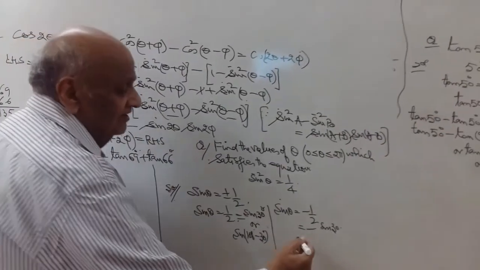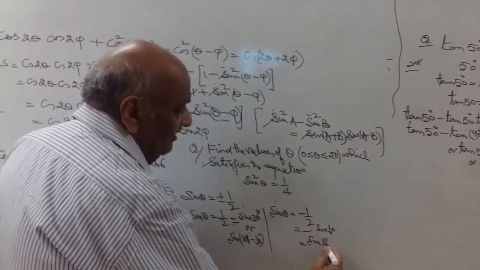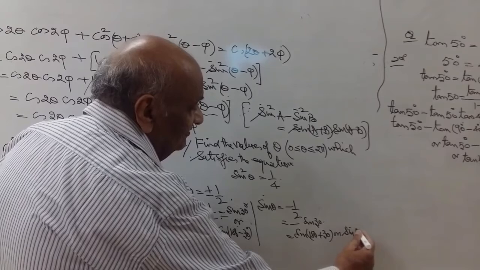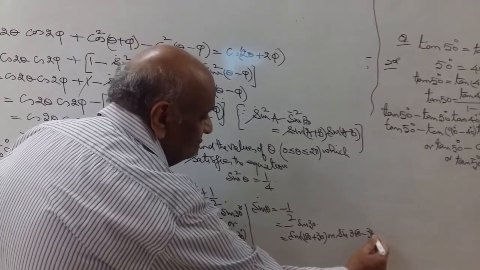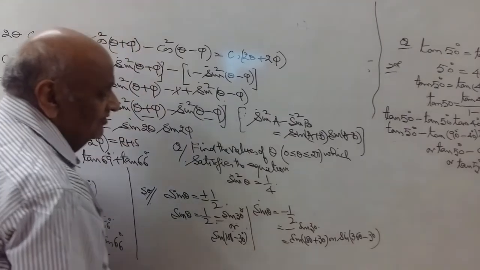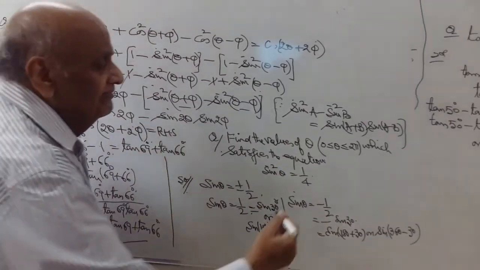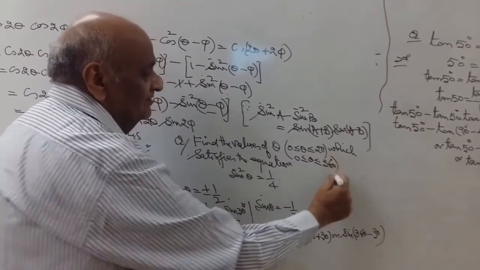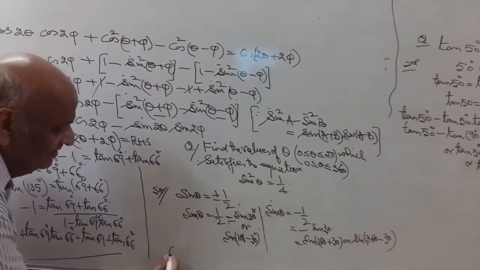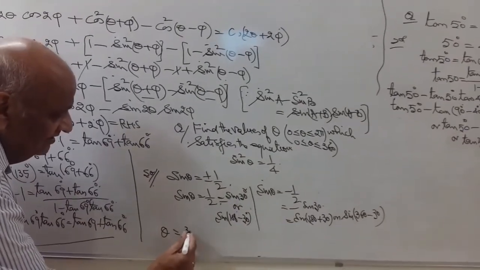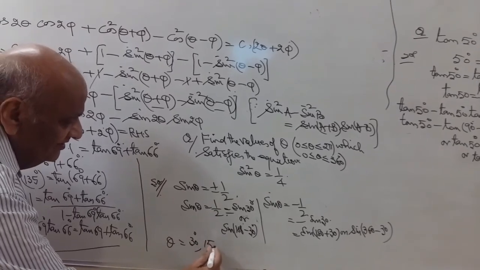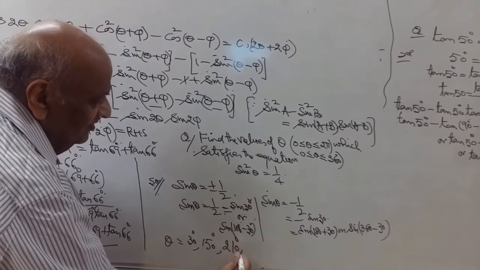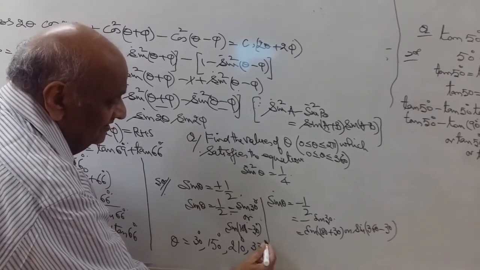Here it is minus sine 30, which is sine of 180 plus 30 or sine of 360 minus 30, the fourth quadrant. Because I am to find the values between 0 and 2 pi, that is 0 less than or equal to theta less than or equal to 360 degrees. So theta becomes equal to 30 degrees, 150 degrees, then 210 degrees or 330 degrees.